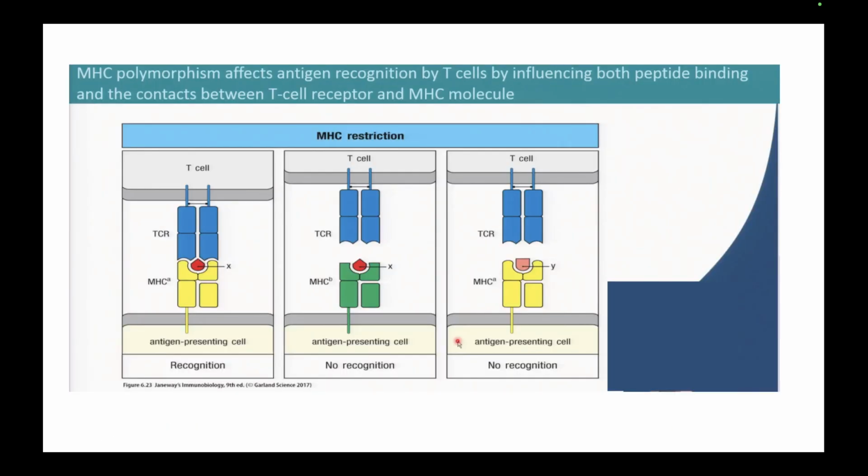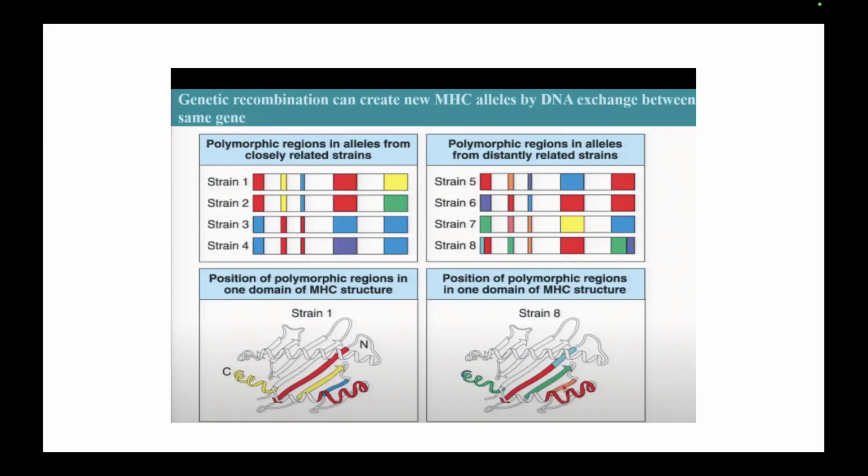Here you can see the MHC polymorphism. It affects antigen recognition by the T cell by influencing both peptide binding and the contacts between the T cell receptor and the MHC molecule as well. We are able to see these polymorphisms present in these alpha folds also.